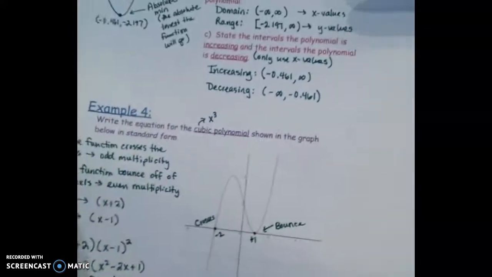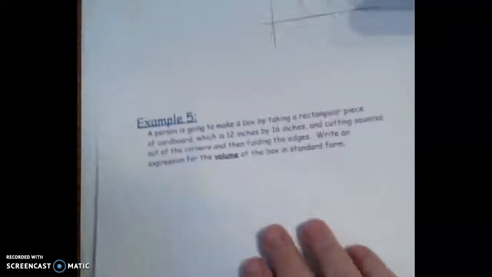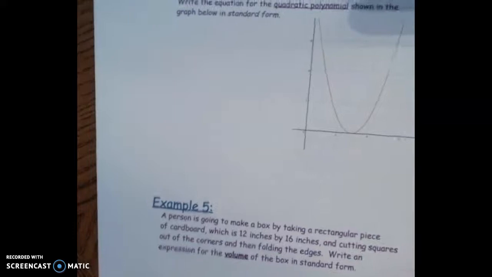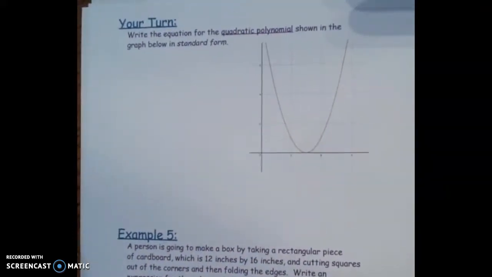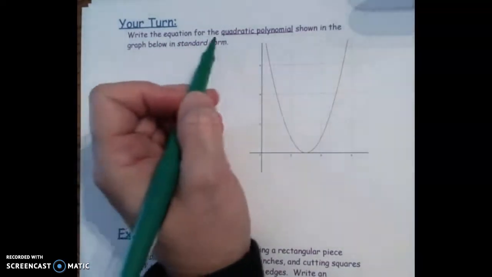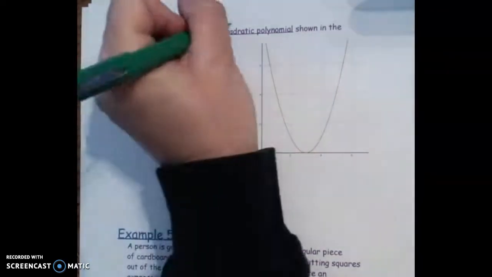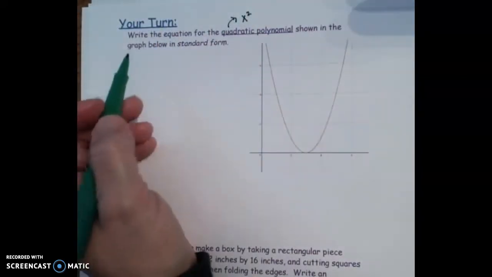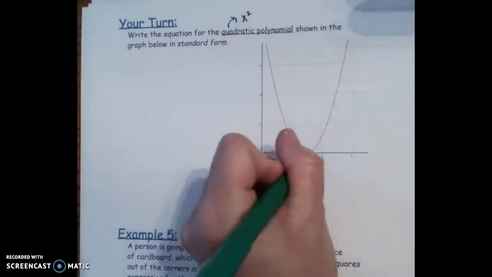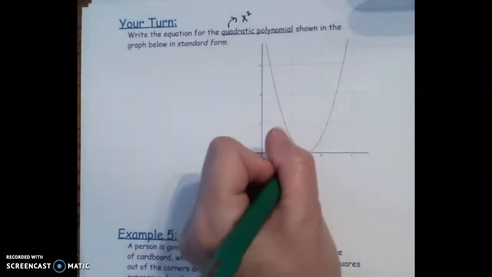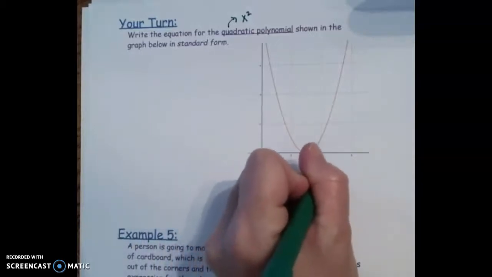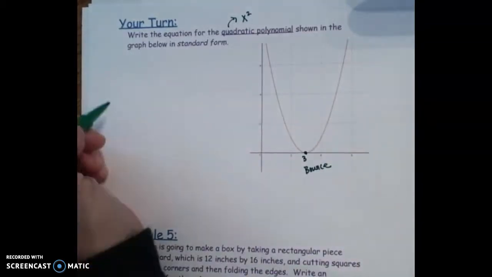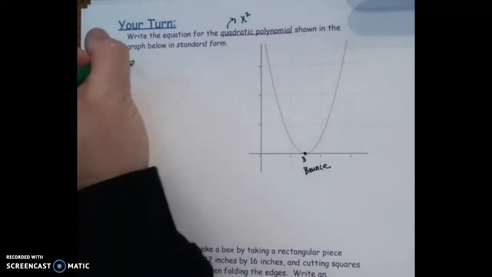So the important thing we had to pick up here is that it was a cubic function. Okay, next is your turn. I'm just going to do that with you real quick. So we have to write an equation for a quadratic polynomial. So if it's a quadratic, we've got to have x squared. And if you look, this is bouncing off of the graph at 3. So we have a root at x equals 3.